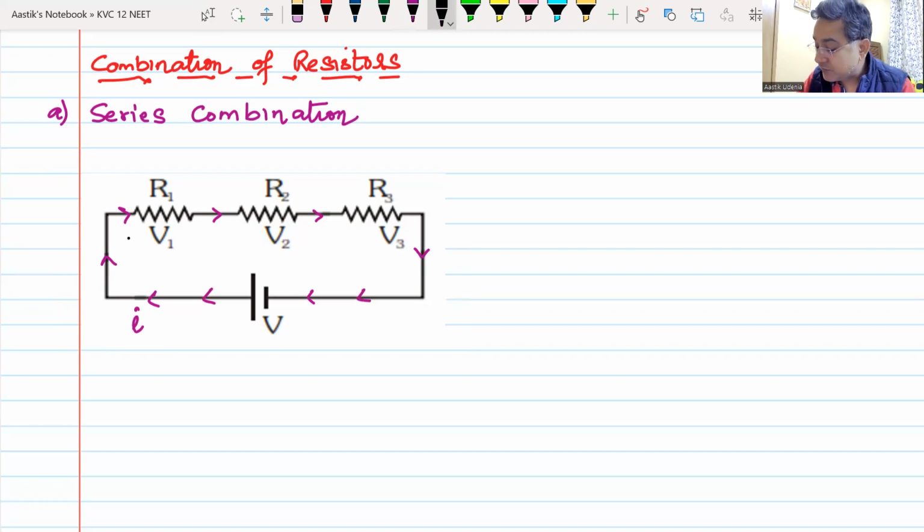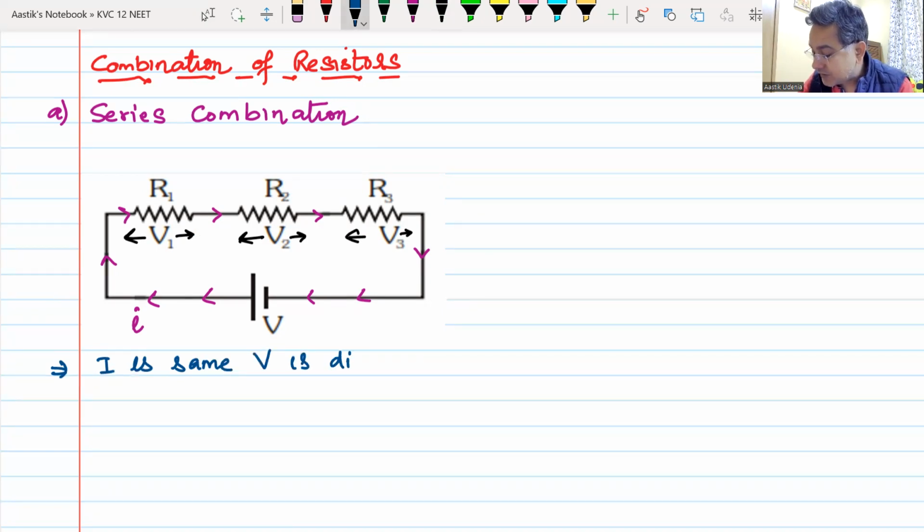But if you talk about the voltage drop, the voltage drop across this resistor is V1, across this resistor is V2, and across this resistor is V3. Voltage drop is different, so that is what you must remember. Point number one: current through the resistors is the same, voltage drop V is different. Do we understand this? Yes or no?